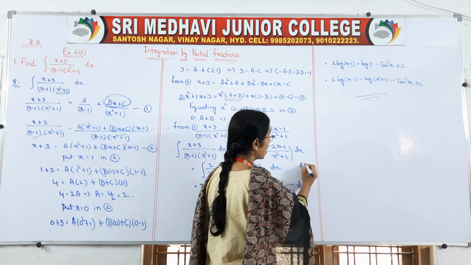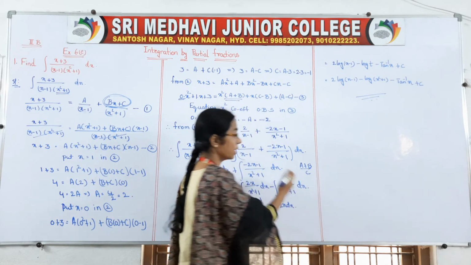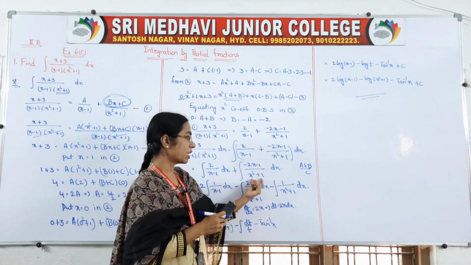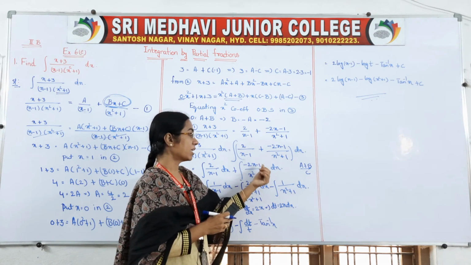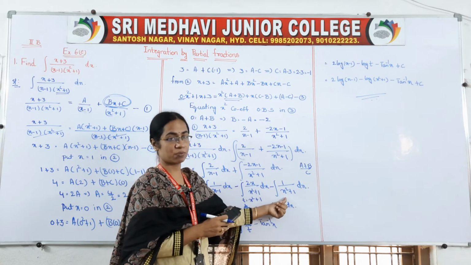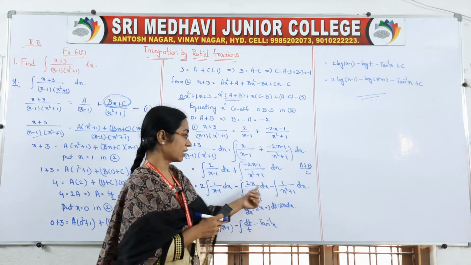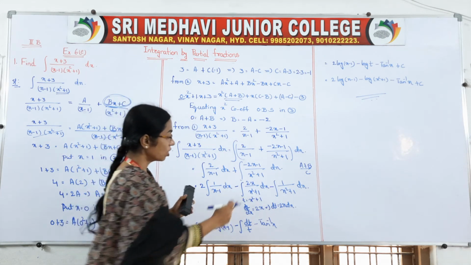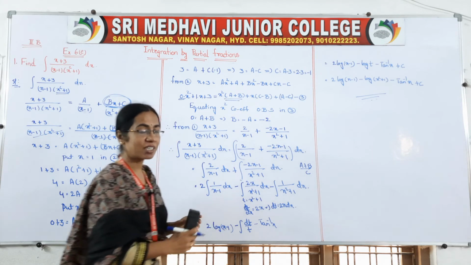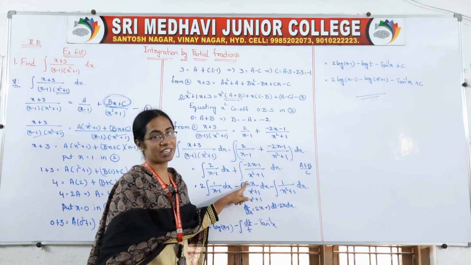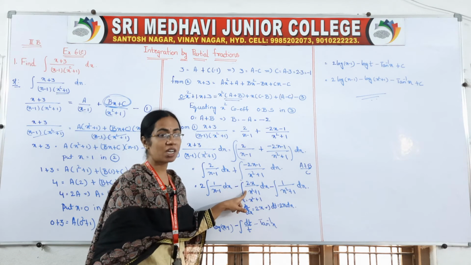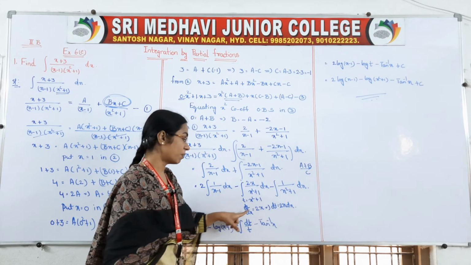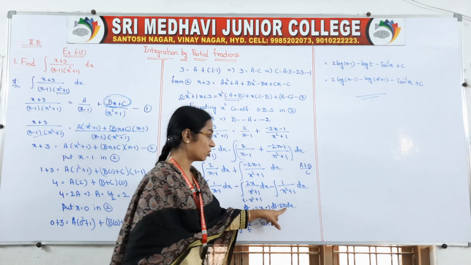It is of the form a plus b by c, so we can write a by c plus b by c. That's why we have taken minus 2x by x square plus 1 minus 1 by x square plus 1. So plus of minus is minus, isn't it? The minus is taken outside, and if you observe, this is a substitution problem, isn't it? If we differentiate this one, we will get this one. In such cases we go for substitution. t is equal to x square plus 1, so dt by dx is 2x, dt is equal to 2x dx.